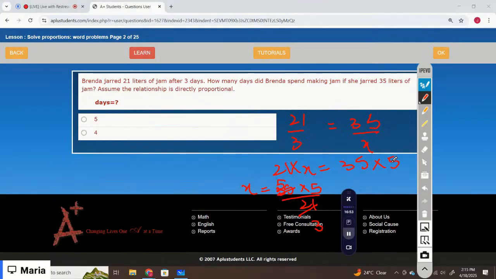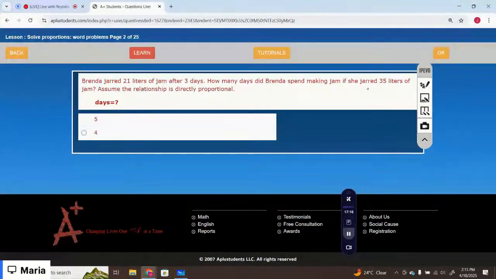Sorry, 35 times 3 it is. 3 and 3 cancel out, so that is 5. That means 35 liters of jam is jarred in 5 days. Option number 1 is the correct option, that is 5.